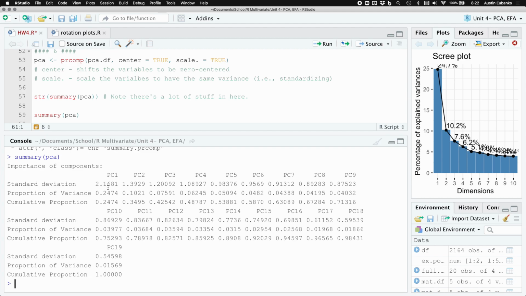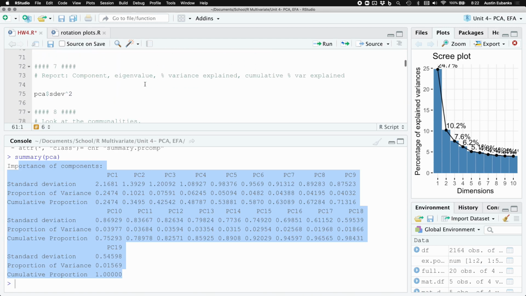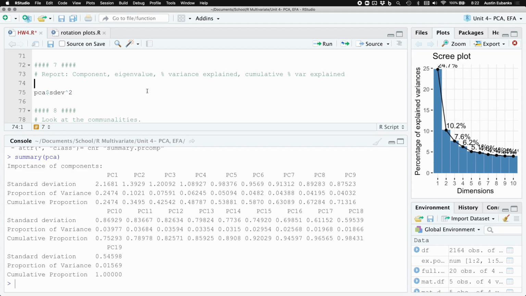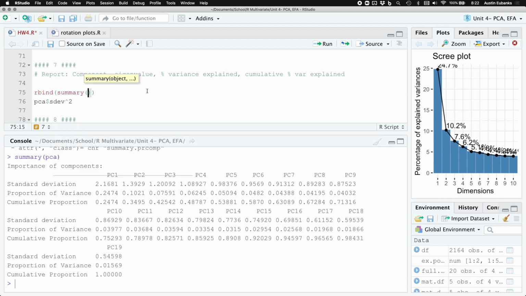And so basically all we need to do is bind this importance table with our eigenvalues. So down here we're going to rbind, we're going to row bind the summary of PCA and then $importance.